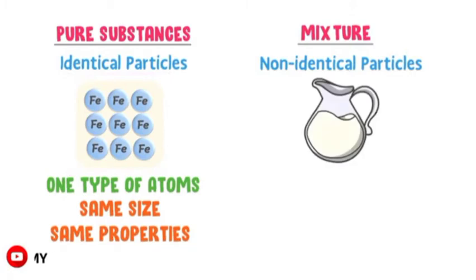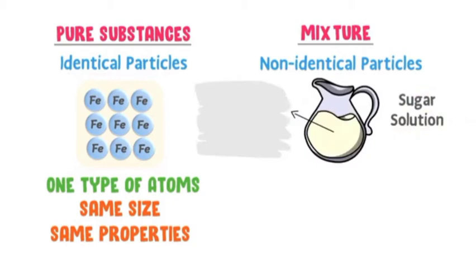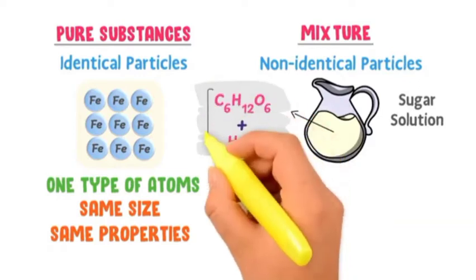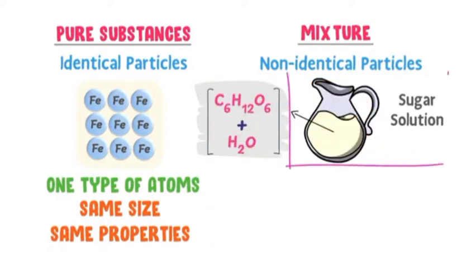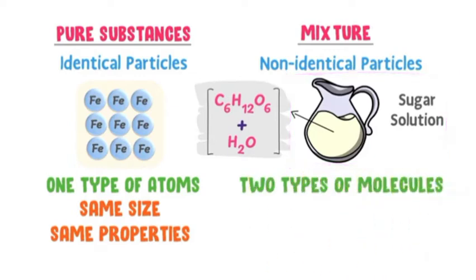Now, let's consider a sugar solution. We know that it is composed of sugar molecules C6H12O6 and water molecules H2O. It means that this sugar solution is made up of two different types of molecules. The size of a sugar molecule is different from the size of a water molecule.